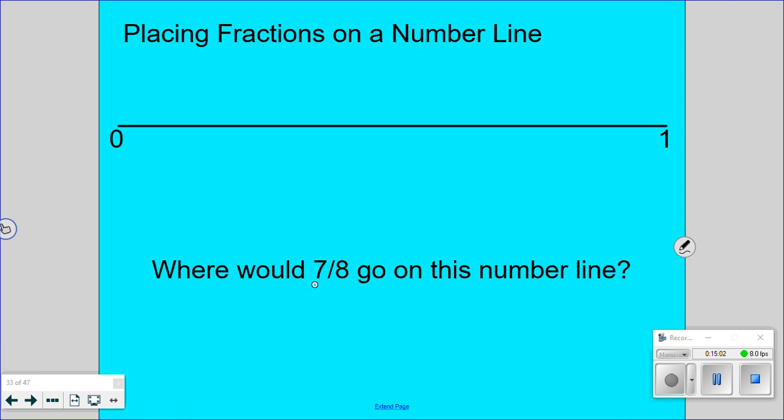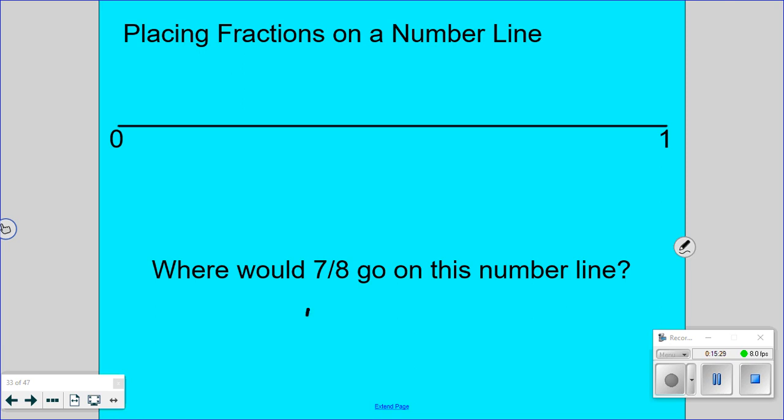You're going to go 7 of them. Where are you going to be? We split into our 8 hops, and now you've traveled 7 of those hops. Stop. Where are you going to be? Addison? I'm going to be almost at the end, right?